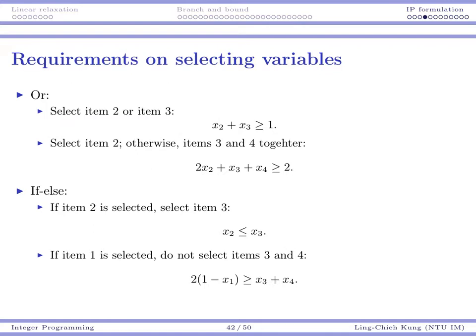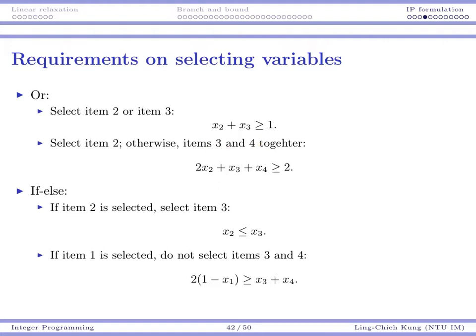There are something more you can do. Sometimes you are required to select item 2 or item 3. Not very difficult. That just means you need to select at least one of them. Or select item 2. Otherwise, you need to select both of item 3 and 4. Either this or that. How to do this?